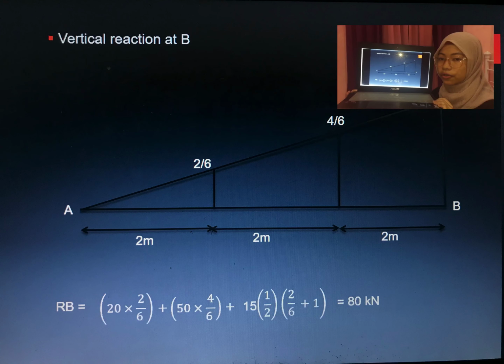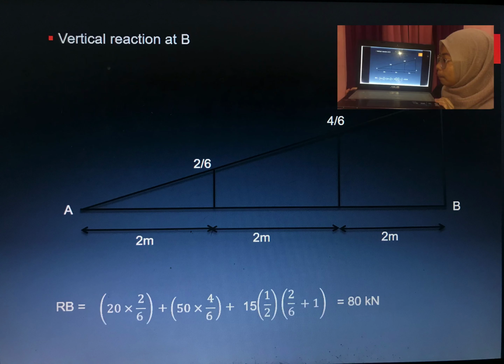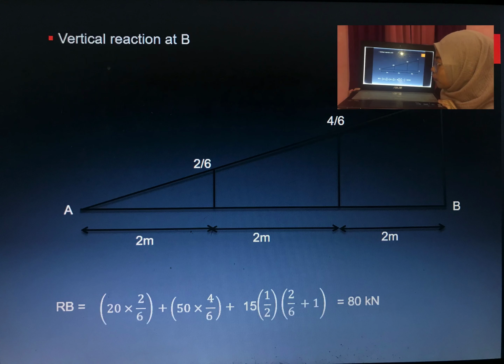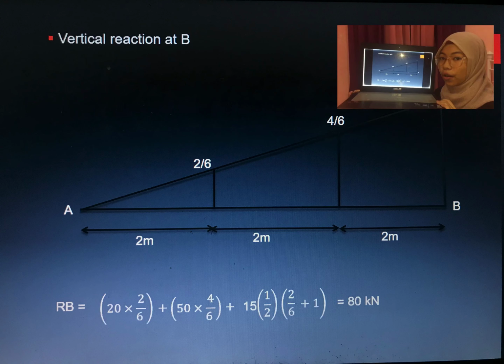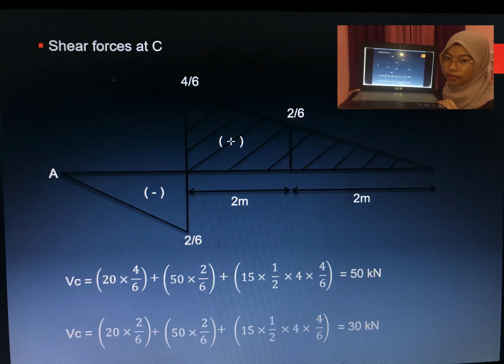Next, vertical reaction at B. RB equals 20 times 2/6 plus 15 times 4/6 plus 15 times 1/2 times 2/6 plus 1, equals 18 kilonewton.